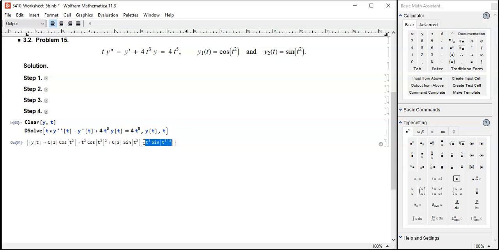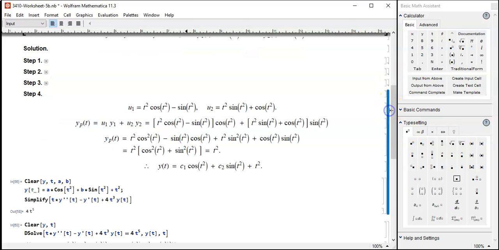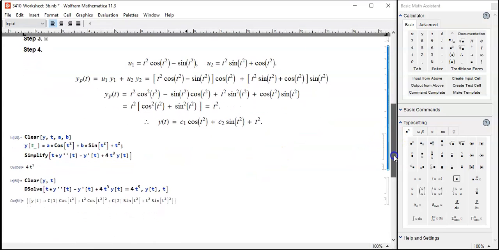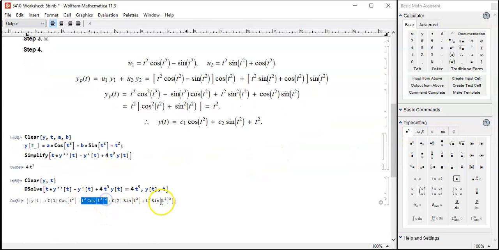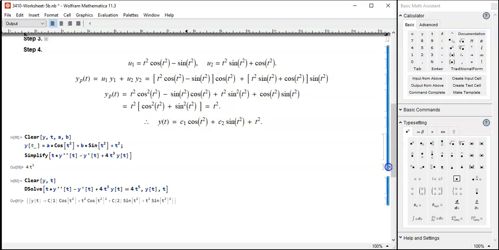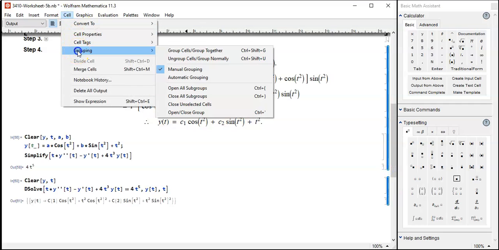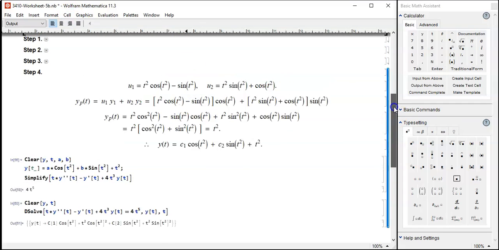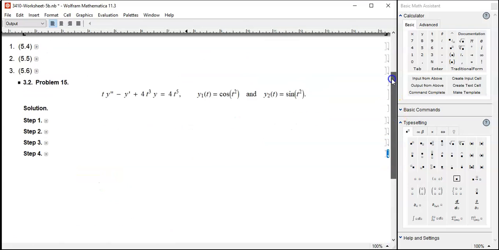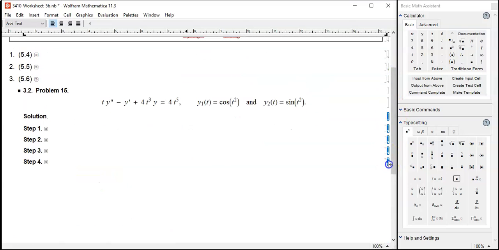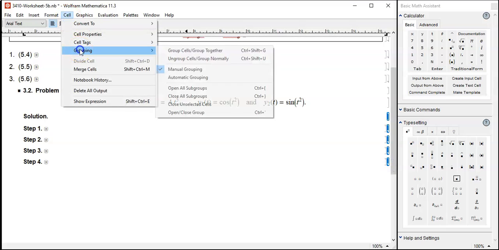Cosine squared plus sine squared adds up to 1, so this part and that part add up to t squared. So yes, it matches our solution here. So yes, everything fits. I'll say this problem is finally complete.